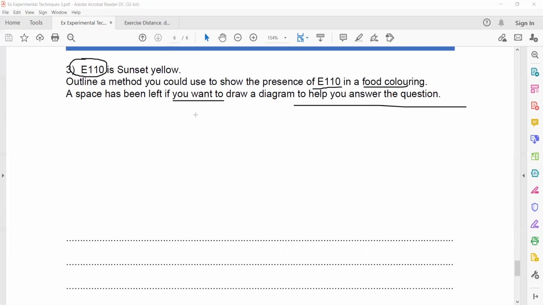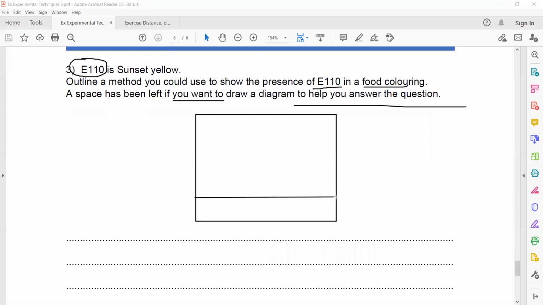So what we will do, we can do in two manners. We can take a chromatogram, draw the origin with pencil, and then we will place a food color. So food color I'm writing like FC, and then we will take E110, the actual E110. We want to outline a method to show the presence of E110 in a food coloring. So how can we work it out?